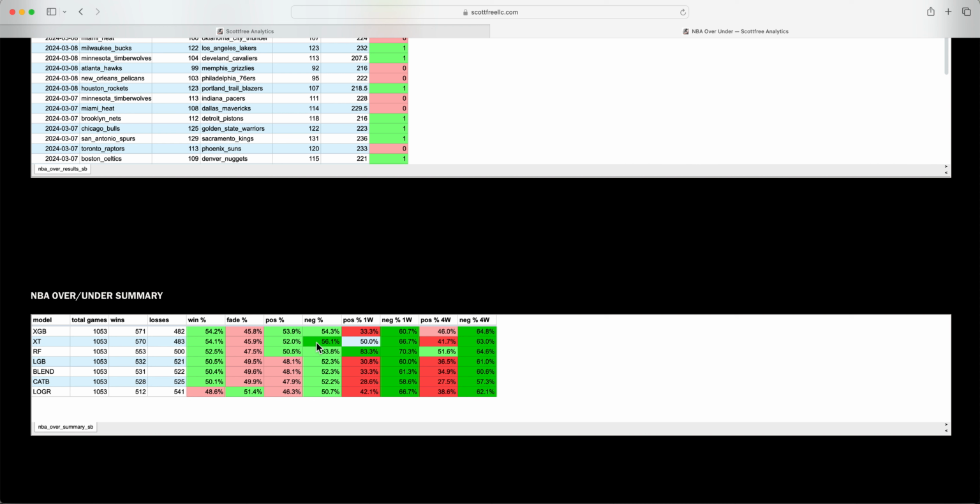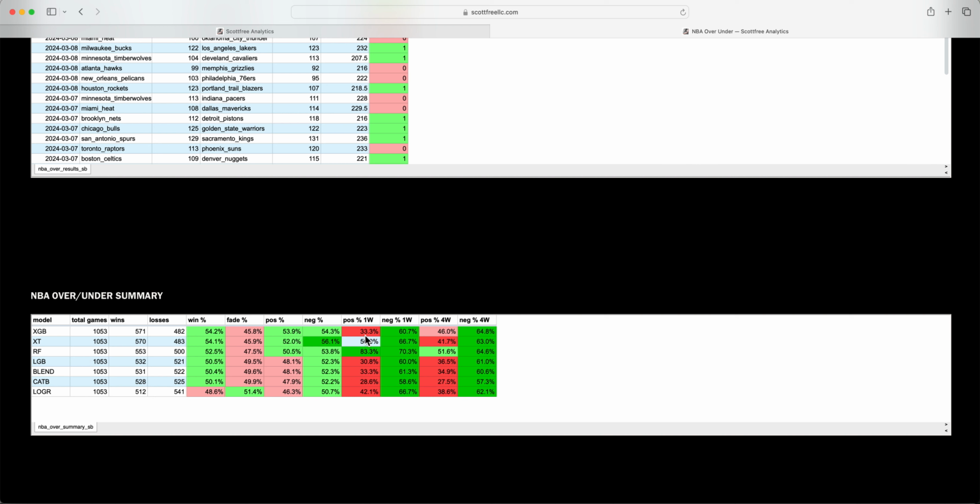In fact, one of my acquaintances right now is using XGB and XT in combination and had a pretty good streak. And it was just fascinating to see the way that he combined the models to derive a pretty high winning percentage. So this is basically now saying how the over bets do, how the under bets do since we've started. So we split it up that way.